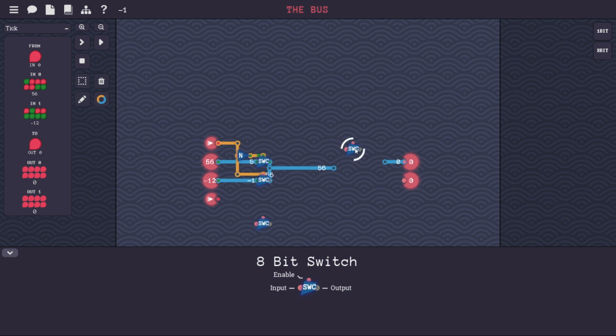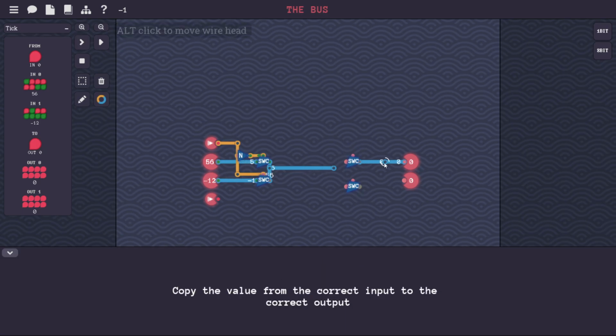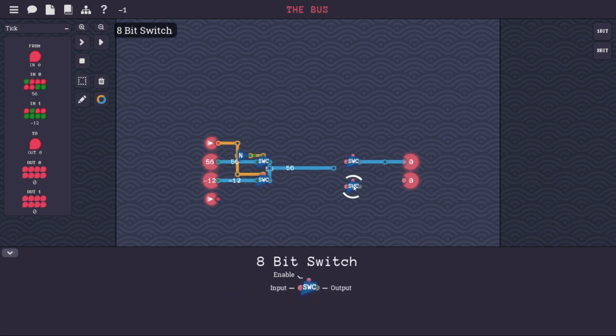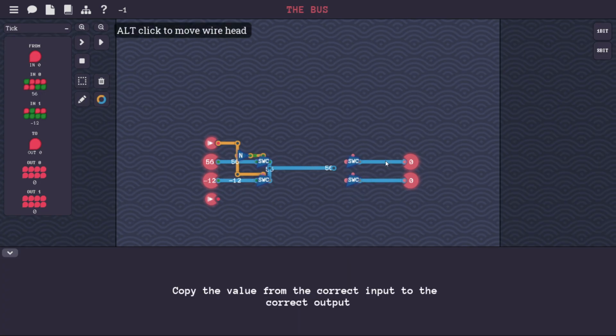Oh, I think it should be from here, because we have these and maybe these. Let's assume this goes to here, connect this as well. And now we want to use this.